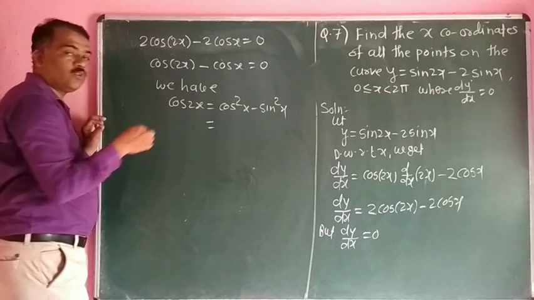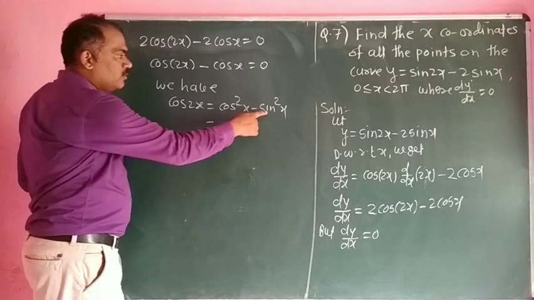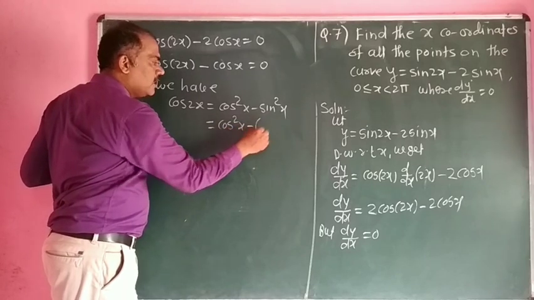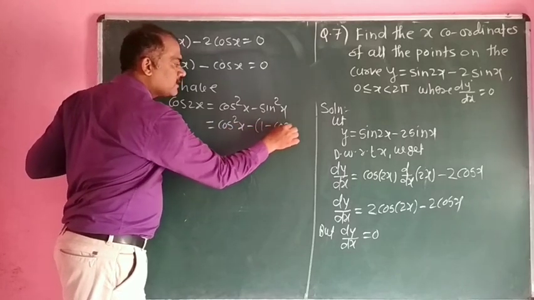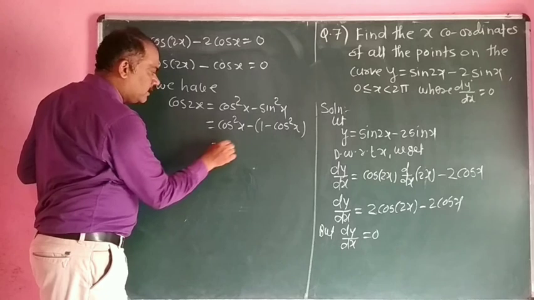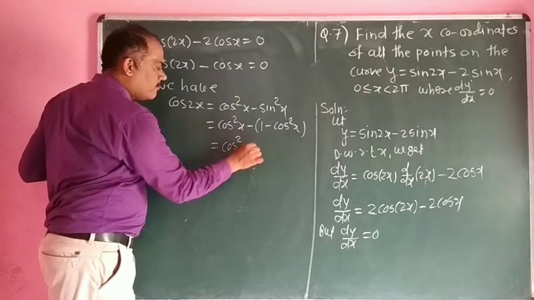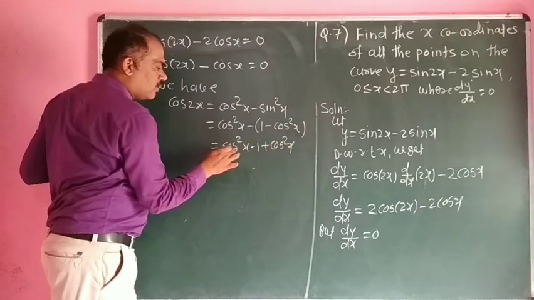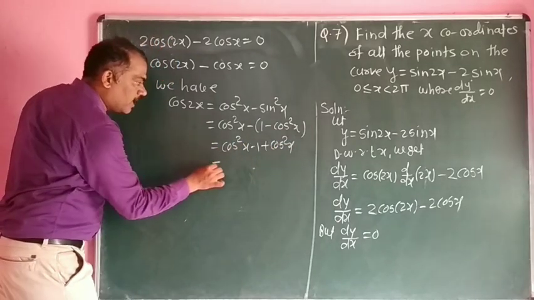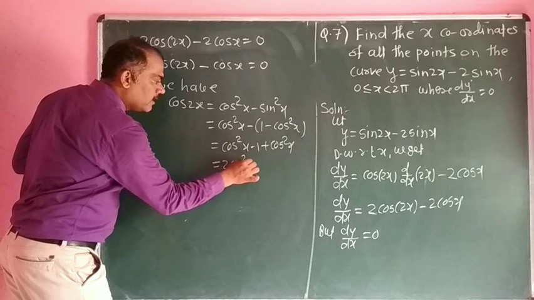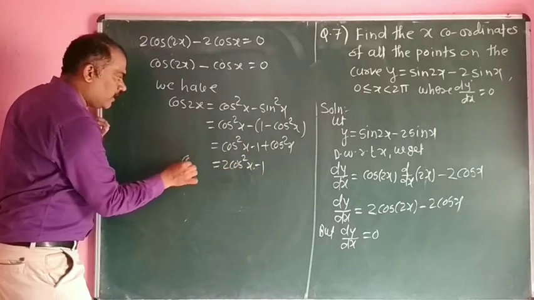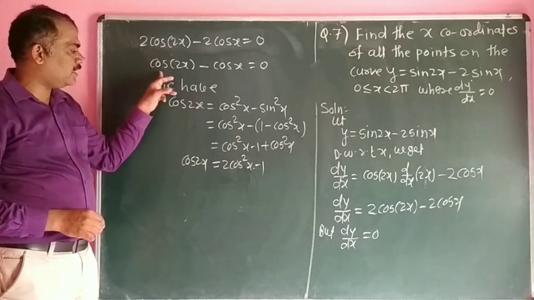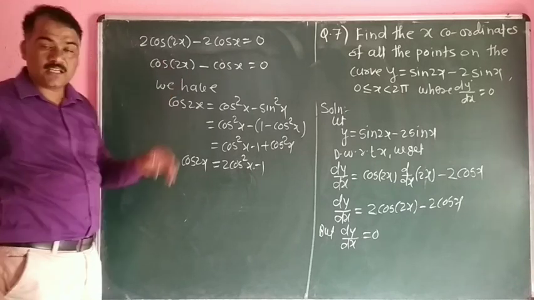We have to convert into cos x, so we substitute the value of sin square x, that is cos square x minus 1 minus cos square x, that is nothing but cos square x minus 1, and this minus minus becomes plus, that is cos square x plus cos square x, that is 2 times cos square x minus 1. That is the value of this cos 2x, and we have to use this value of cos 2x here, that is 2 times cos square x minus 1.